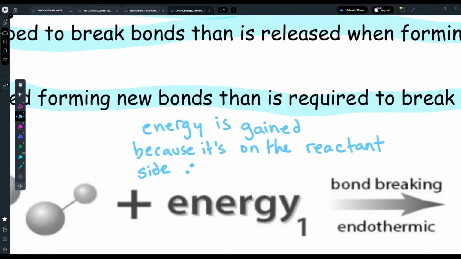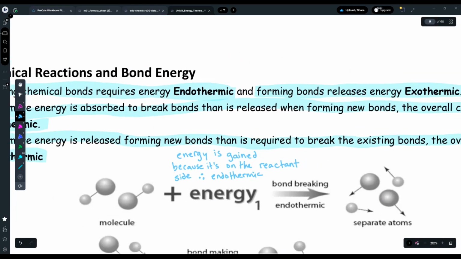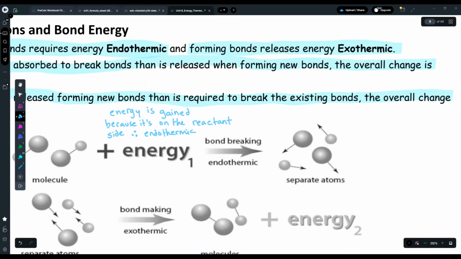So I'm going to abbreviate therefore to those 3 dots. Okay, so whenever you have an endothermic process or an endothermic reaction, energy is always going to be on the reactant side. Okay, so now that we have our bonds broken, we have a pile of separate atoms.